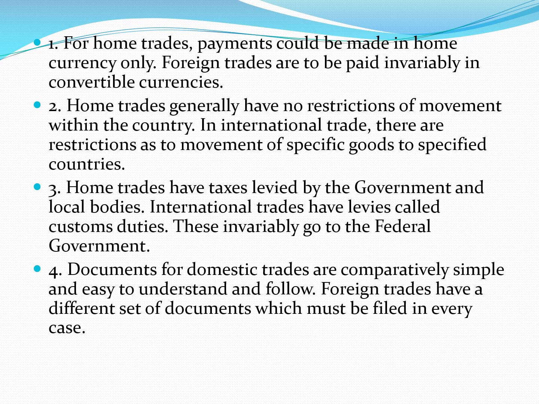We know that. Then the third difference we can find here is that home trades have taxes levied by the government and local bodies. We have direct tax and indirect tax within the nation. Different kinds of indirect taxes were there, but all the indirect taxes are now replaced by GST, goods and services tax, a common tax all over the country.